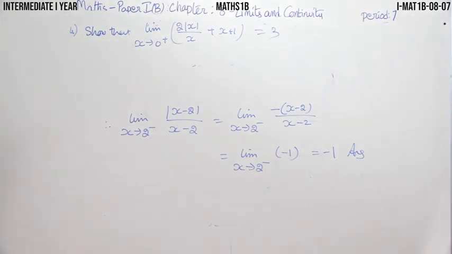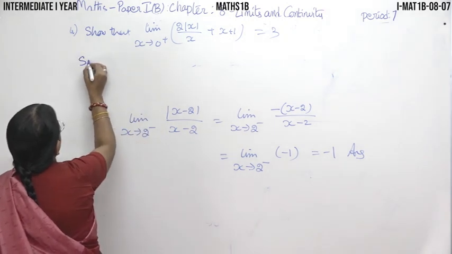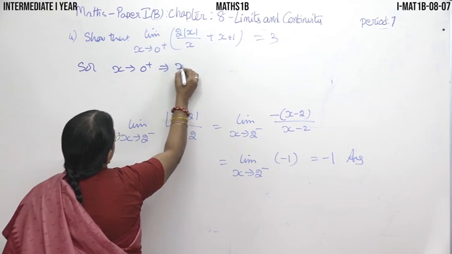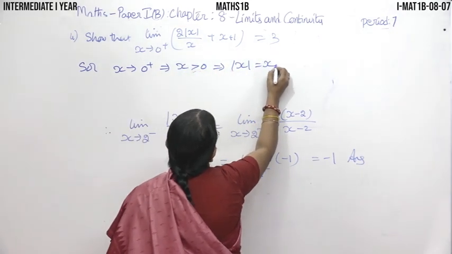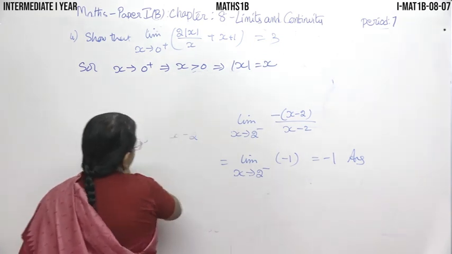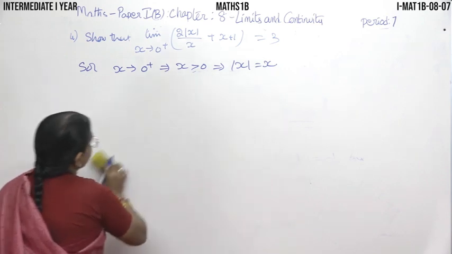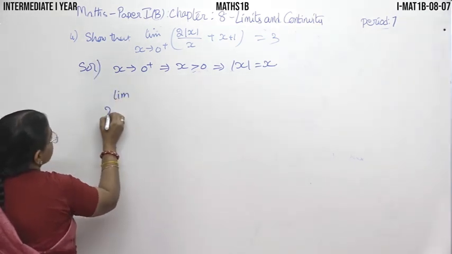As we did in the earlier problems, we'll write x tends to 0 plus means x is greater than 0. So that means mod x is x only. These are very important problems. In these left limit and right limit problems, you get this type of problems only in the exam.